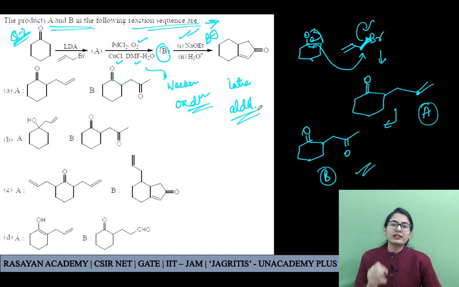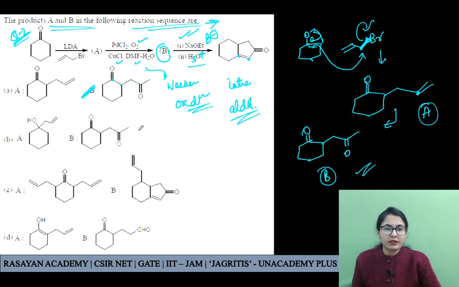And yes, the product is also mentioned, the alpha-beta unsaturated ketone, not your beta-hydroxy ketone, because very easily in the second step, in the presence of an acid, H3O+, there will be dehydration also. So we confirm that you are having the 1,4-diketone. Where is the enolization taking place? From this carbon. Let's say I'm writing a negative charge over here.